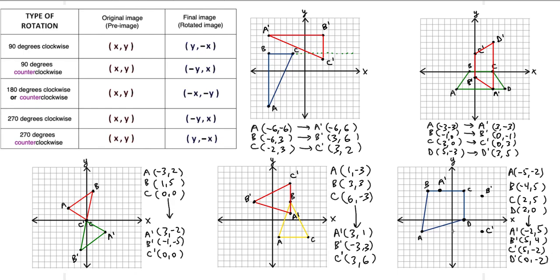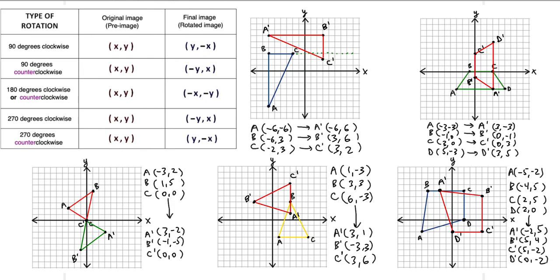And then 0, negative 2, so that's D prime. So let's connect this and see what happens when we connect it. So it looks something like this.